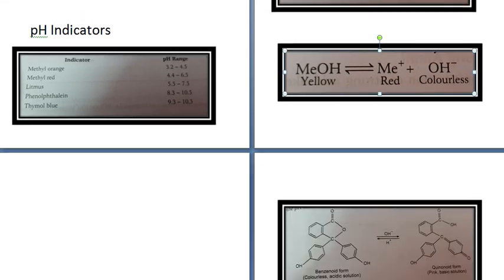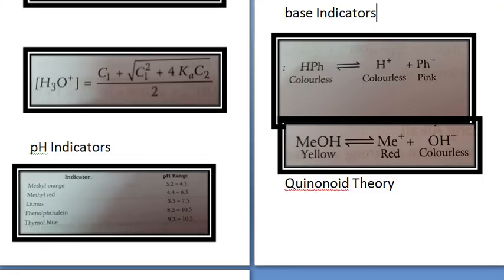Next is, just a minute. Quinonoid theory.